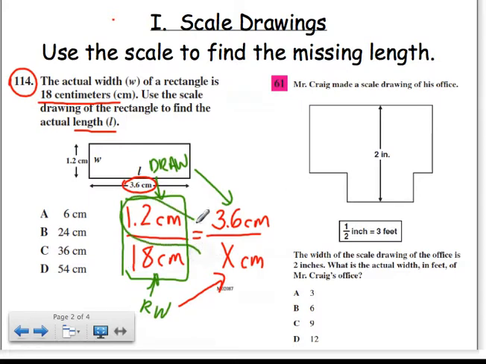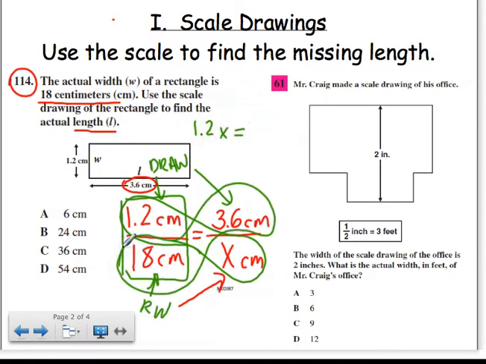So step 1, cross multiply. I have 1.2x equals 18 times 3.6, or 18 times 3 6/10. If I do that, I have 1.2x is equal to, when I multiply, 64.8.